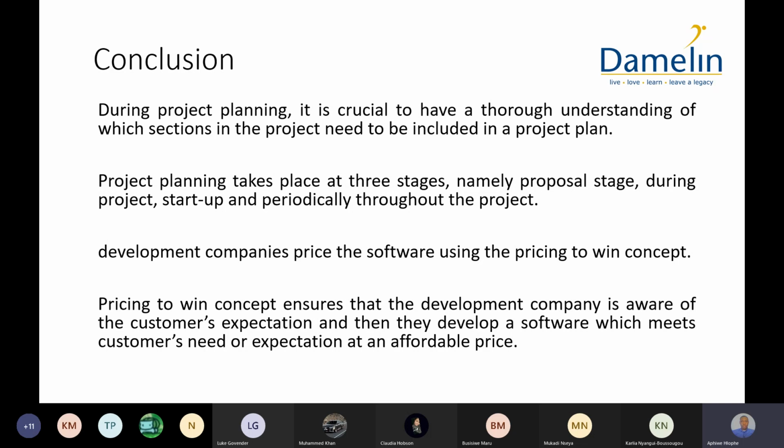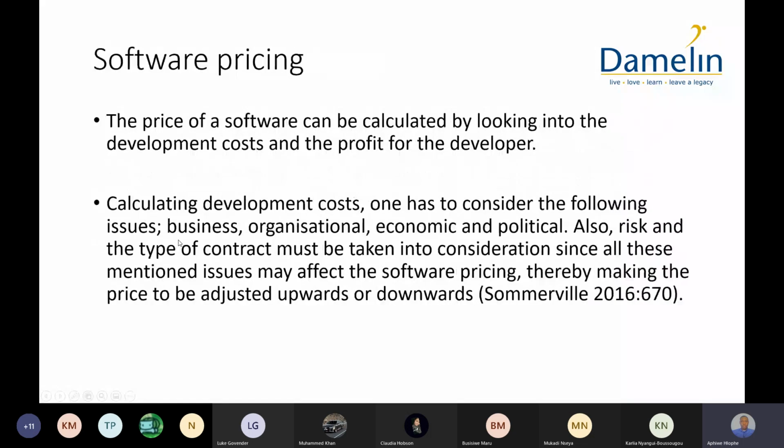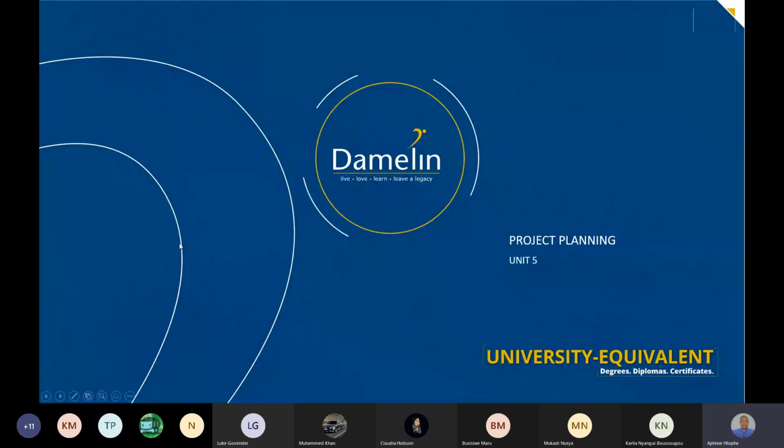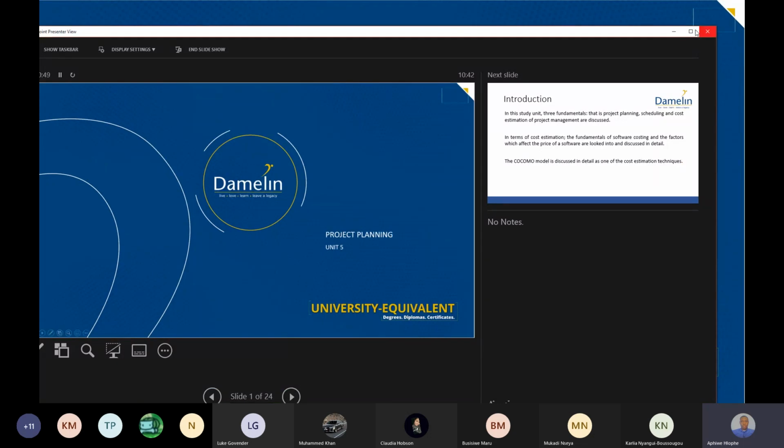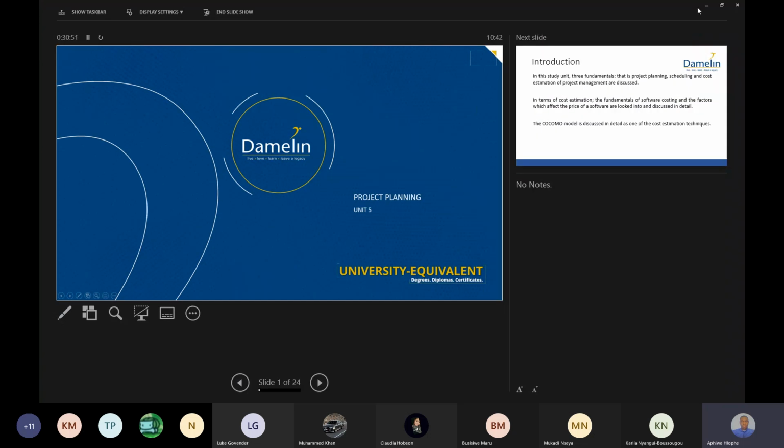Okay, so that is study unit 5. It's basically an extension of the unit we covered previously, which is project management, and it focuses specifically on this concept of project planning.